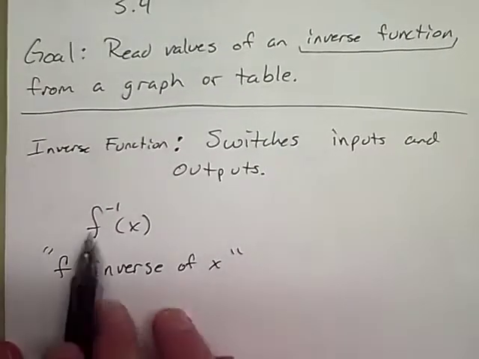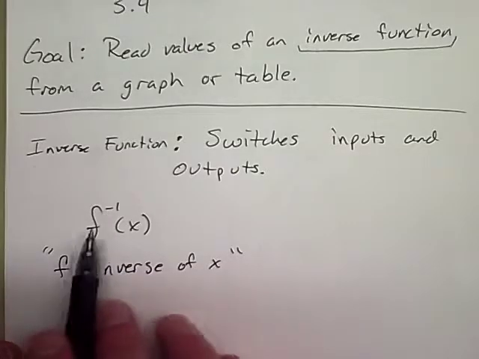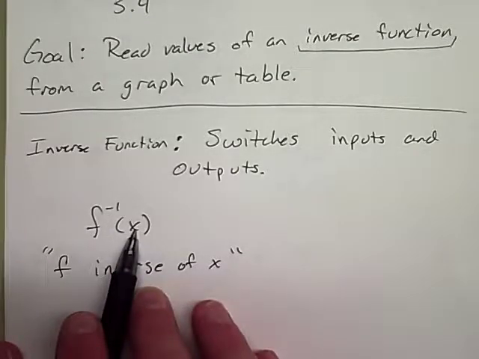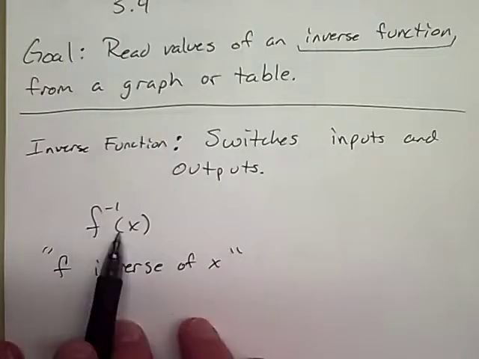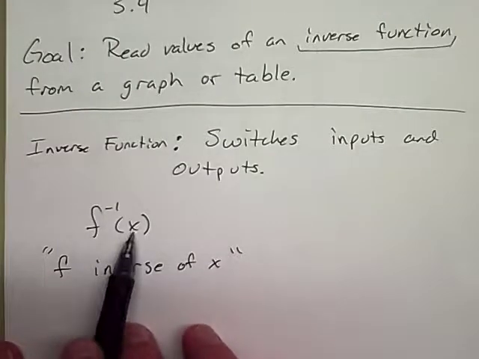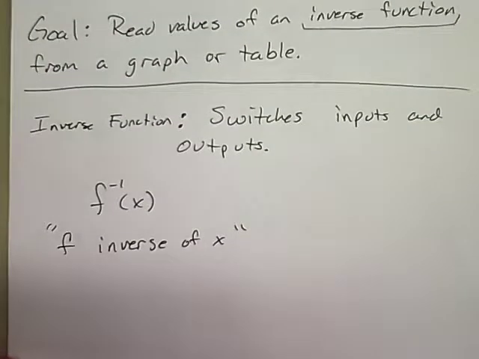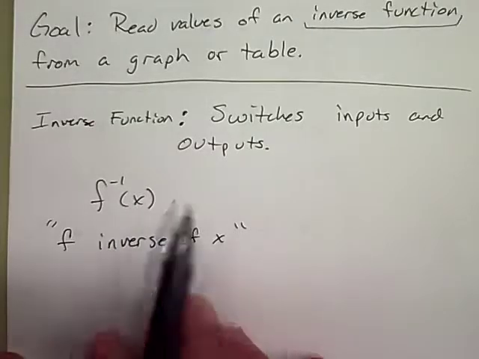So this isn't f to the negative 1 power, nothing like that. Now, this takes an original f of x and makes the x's y's and the y's x's. So, again, I cannot emphasize enough what exactly is happening here. We are switching the x and the y values.